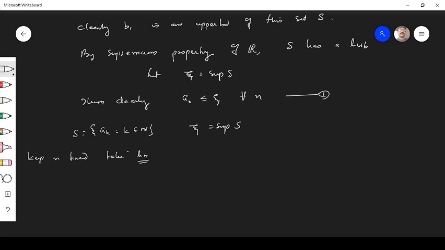Now there are two cases here. This b_n is some fixed right extreme, and hence k is either less than or equal to n, or k is greater than or equal to n.